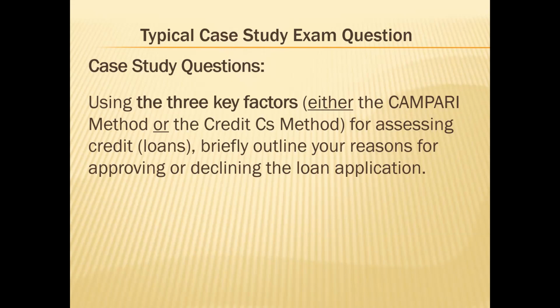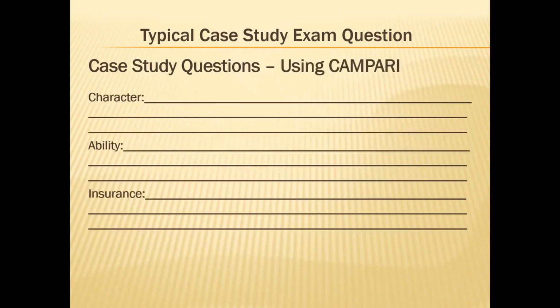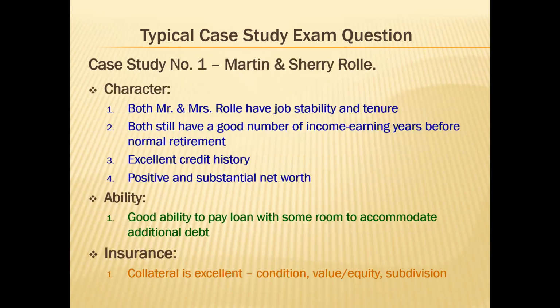Well, for 2 of them, we only have 1 point. But you either use the CAMPARI method, which will be character, ability, and insurance, or you'll use the Credit C's, character, capacity, and collateral. And so if you line them up, character, you have 4 points, ability, you have 1 point, collateral, you have 1 point.